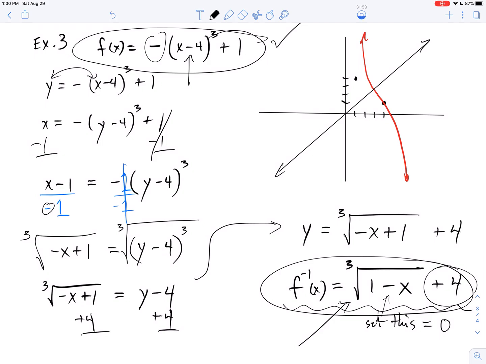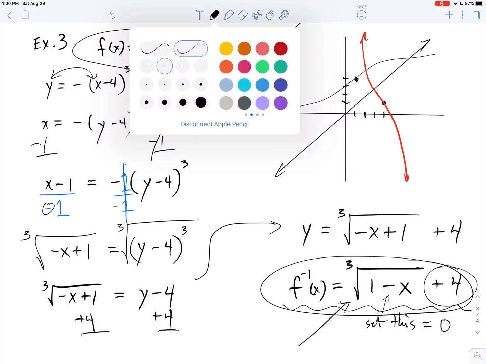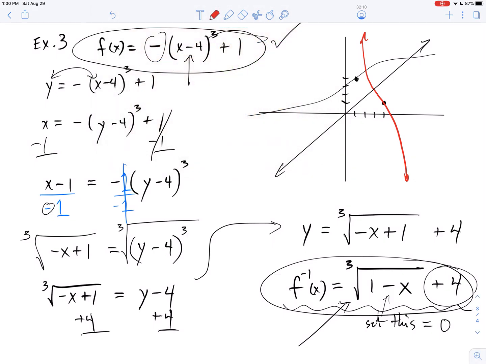So I've got this guy, but not this graph. I've got the sideways flip version of this thing. So I'm going to go grab my red pen again. Really? Come on, iPad. And what's on the right-hand side will now be on the left-hand side. What's on the left-hand side will now be on the right-hand side.